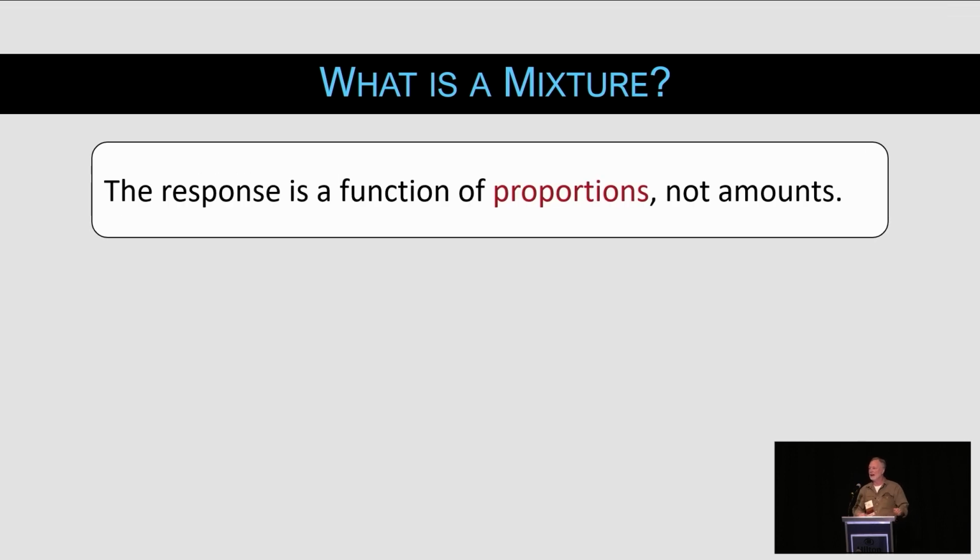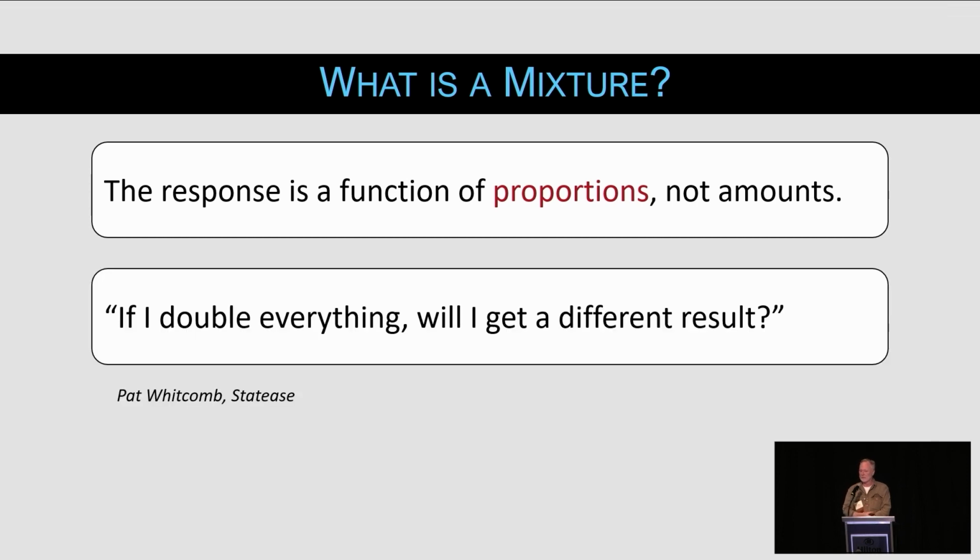The key idea on mixtures is that the response is a function of proportions, not amounts. And I'm going to hit this pretty hard because we are very, very sensitive to this. I went through years to wrap my head around mixtures, to become comfortable with thinking in that framework. It's a function of proportions.